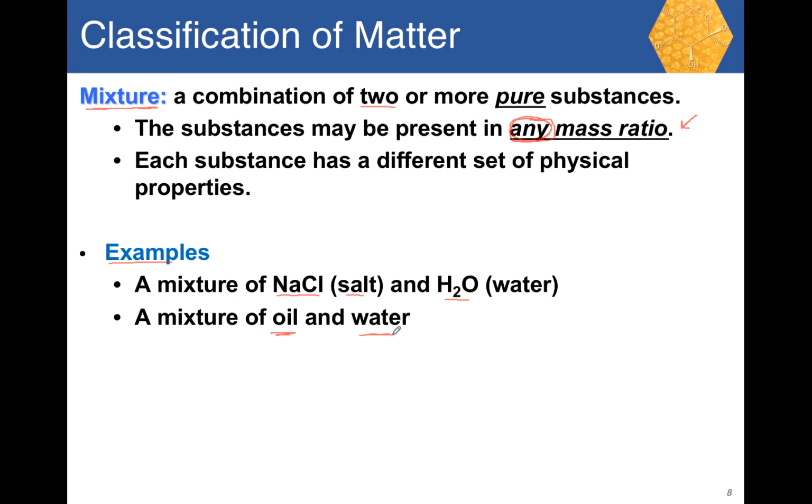Notice again, the ratio does not have to be fixed. If you take 10 grams of salt and 6 mL of water and mix it up, you do have a mixture, not a compound, a mixture because the ratio is not fixed.